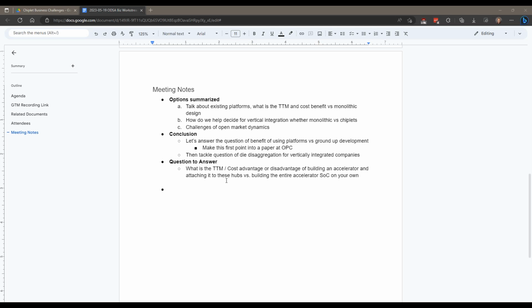So at least the way I was breaking it down in my head was you have your choice of two development approaches: buying soft IP and building a complete ASIC and building the software for that ASIC, versus building just the accelerator portion, attaching it to a hub, within whatever constraints the hub supports, and getting a packaged product with your chiplet and other chiplets.